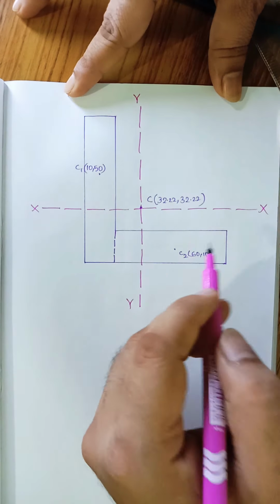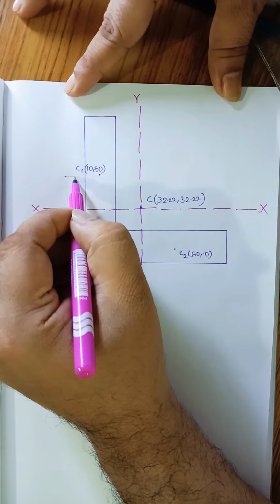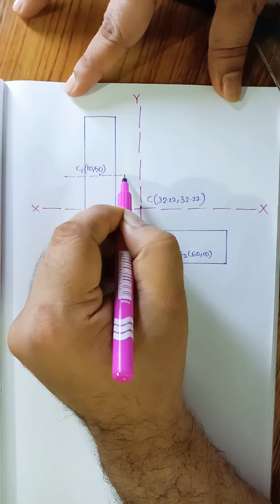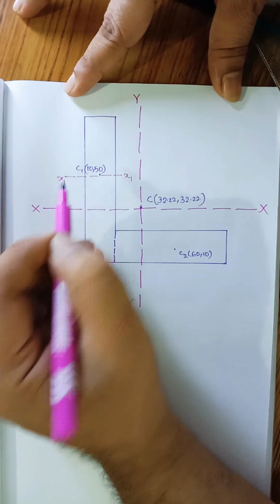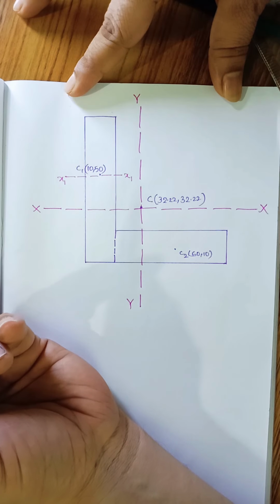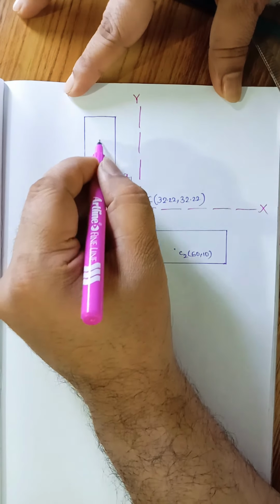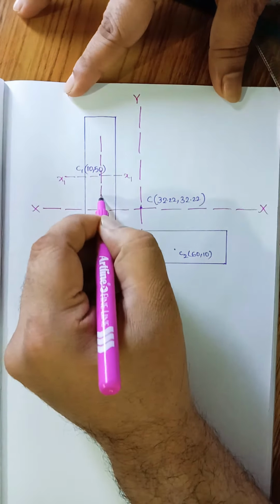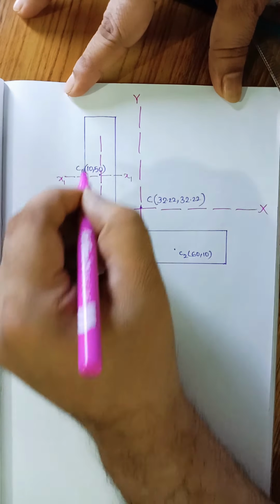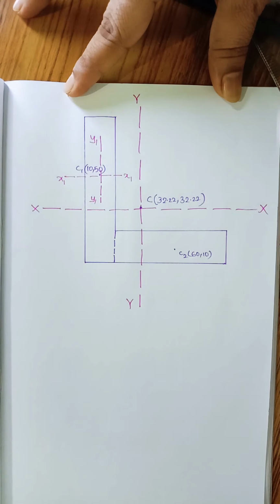Similarly, for the first rectangle, when you draw a horizontal line which is passing through C1, this can be called x1 and x1. x1 axis refers to centroidal x-axis for the first rectangle, and we have a vertical axis. You can write this one as y1 and y1. y1 and y1 refers to centroidal y-axis for the first rectangle.